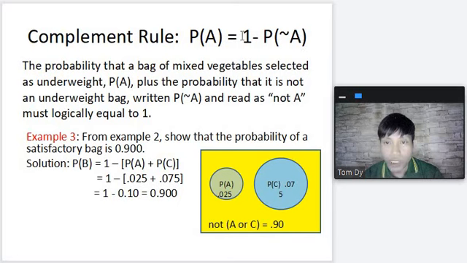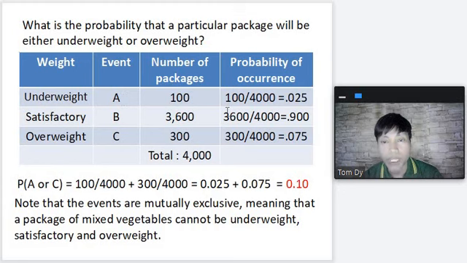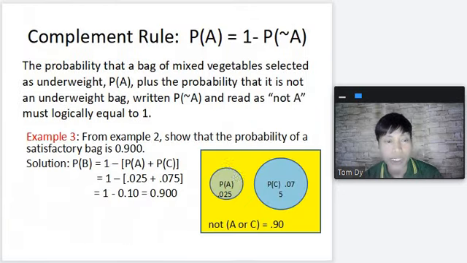Before we discuss the formula for the complement rule, we will have this diagram first. The probability of A is 0.025, represented by this one.